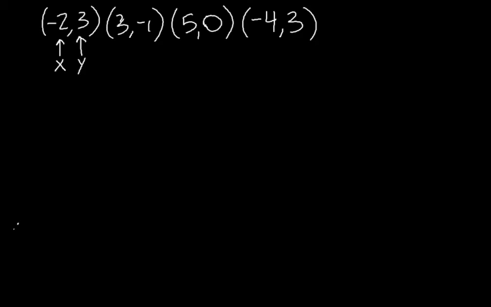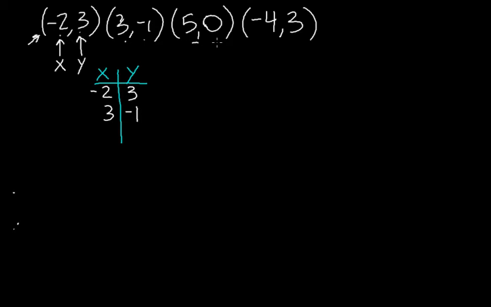It helps if I draw a table. Right, a lot of times when you found points, you made a table. I'm trying to remember last year. But if I was to list each one of these as a coordinate in a table, so like the first one, this would be negative 2 and 3. I'm just taking the x and the y from this first point and putting them in the right column. The next point, 3 and negative 1.